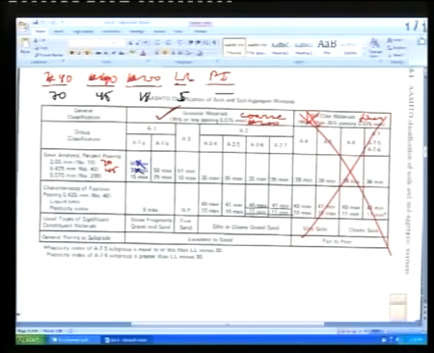Wrong. 50 maximum? Correct. 51 minimum? Wrong. Then we go to 200. 18. 15 maximum? Wrong. 25 maximum? Correct. 10 maximum? Wrong.